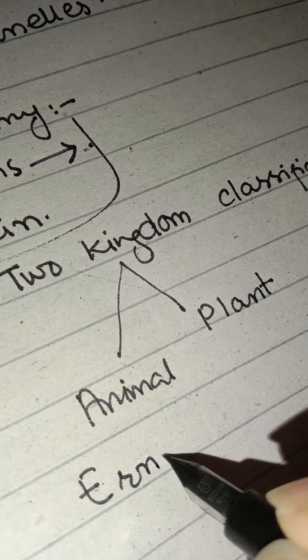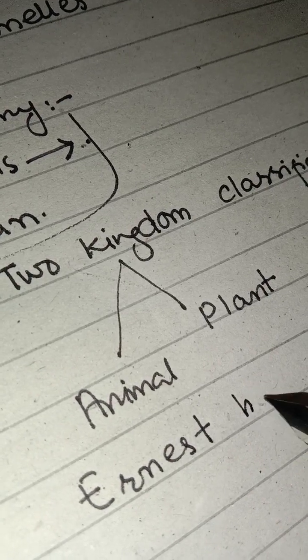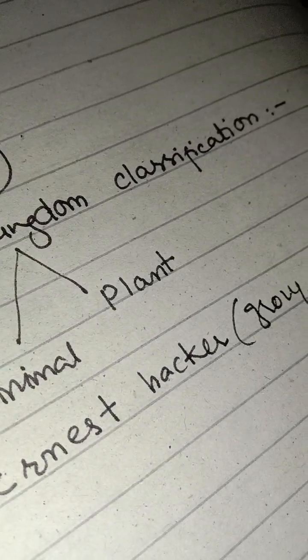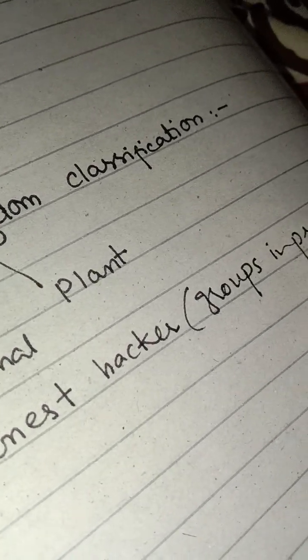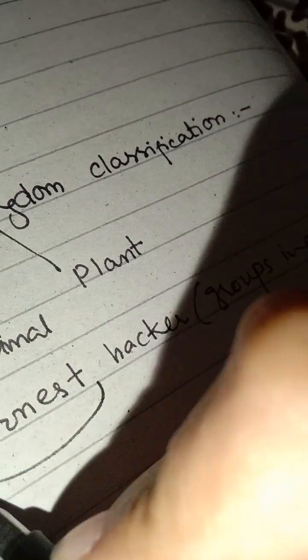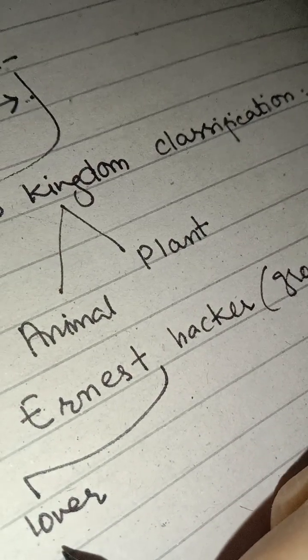The two kingdom classification was introduced by Ernest Haeckel. He made a group called Protista, which is another classification, another kingdom.